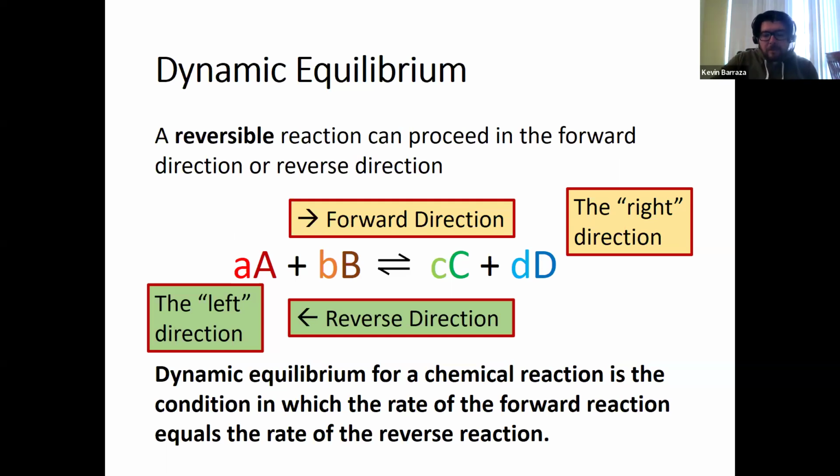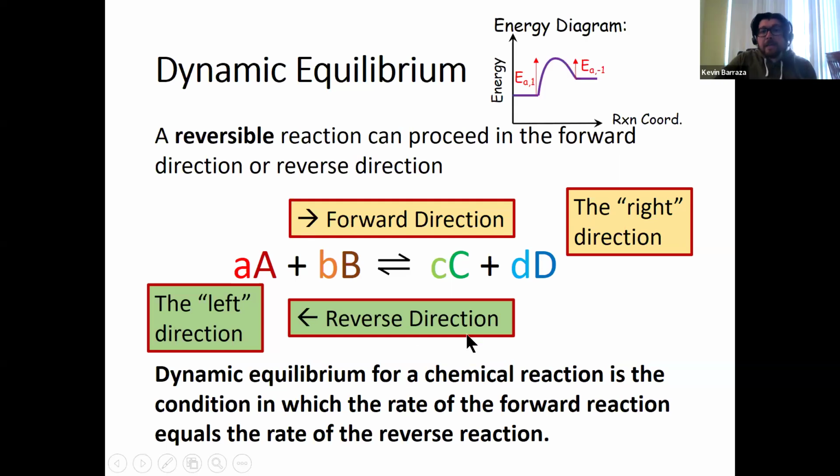Well, now that we've talked a little bit about kinetics and specifically mechanisms, we remind ourselves about the reaction coordinate energy diagram. Remember, a simple one looks kind of like this. Again, the reaction coordinate is not a measurable axis.